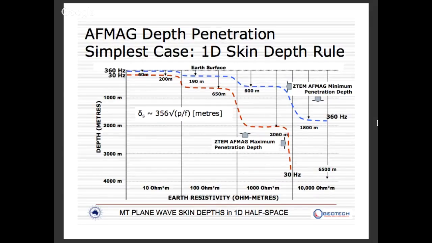We can see in this image how the skin depth is affected by the resistivity of the top layer. The more resistive the top layer, the deeper we can go.